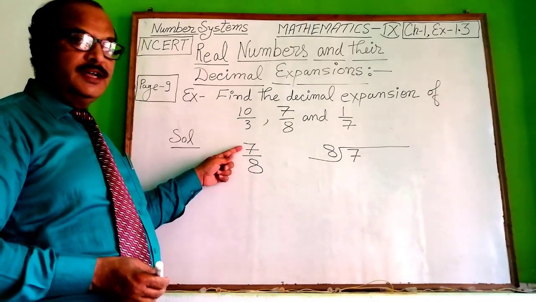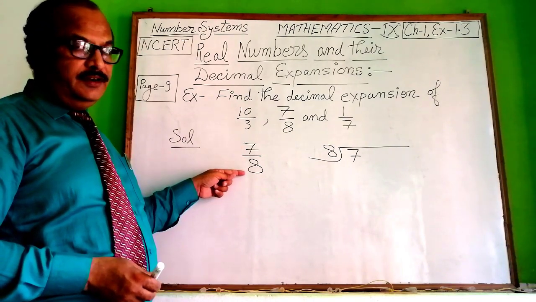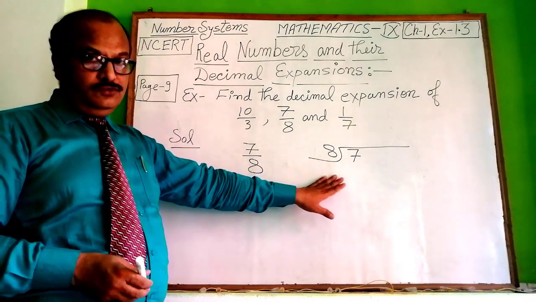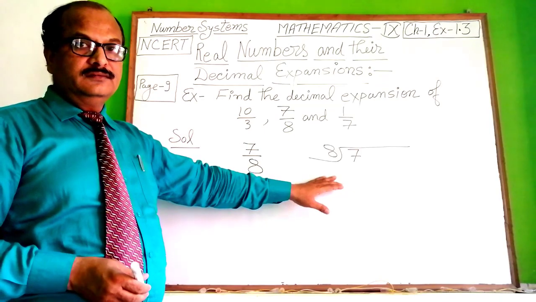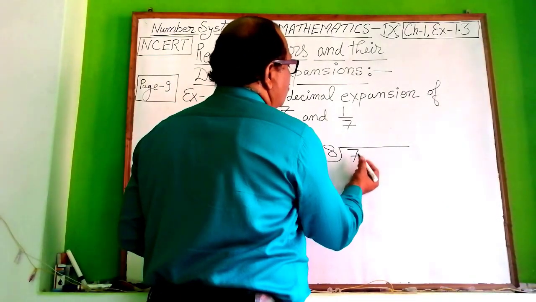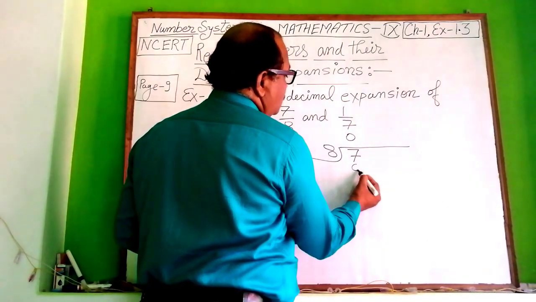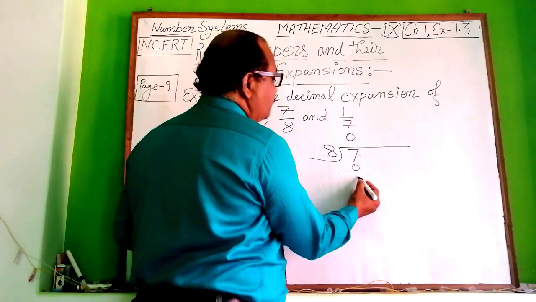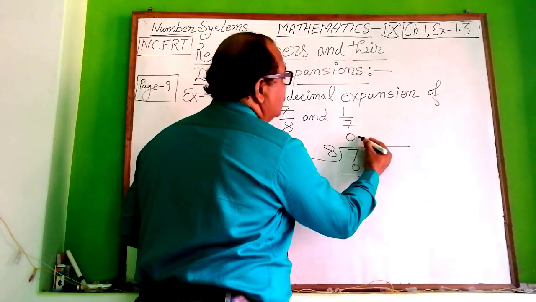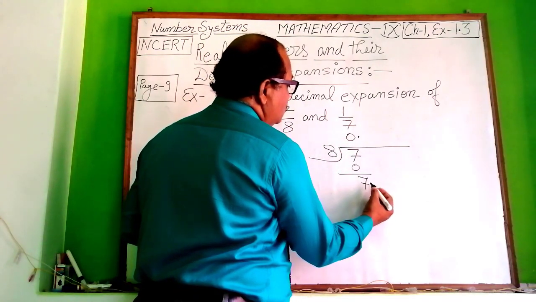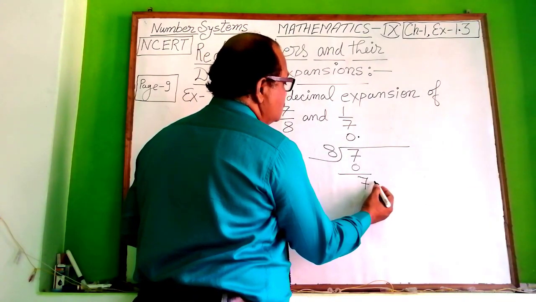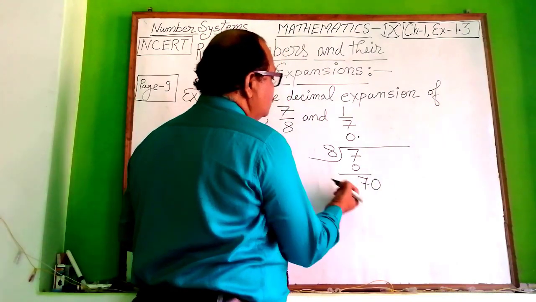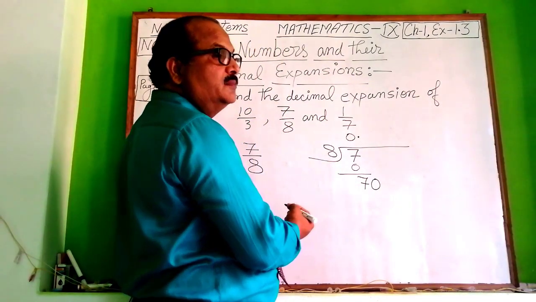Now see the decimal expansion of 7/8. So we will do it as usual, as we know. Now see 7. Put here one decimal. Increase 1 0. And see how many times.